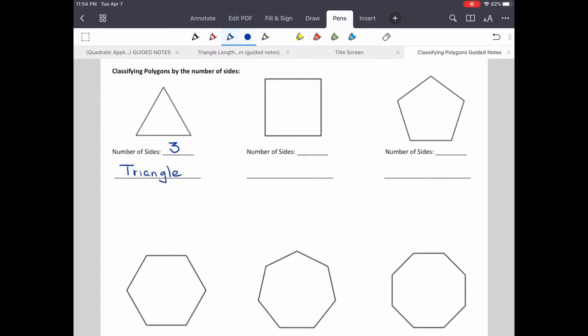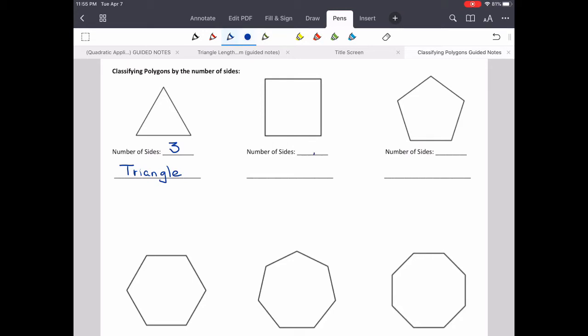Now we can get more descriptive here, but I'm just giving the general name of the polygon. Of course we can call that an equilateral triangle, or maybe if it was shaped differently we can call it isosceles, or we can call it acute or obtuse. There's different ways you can classify that, but in the simplest general way we can just call it a triangle.